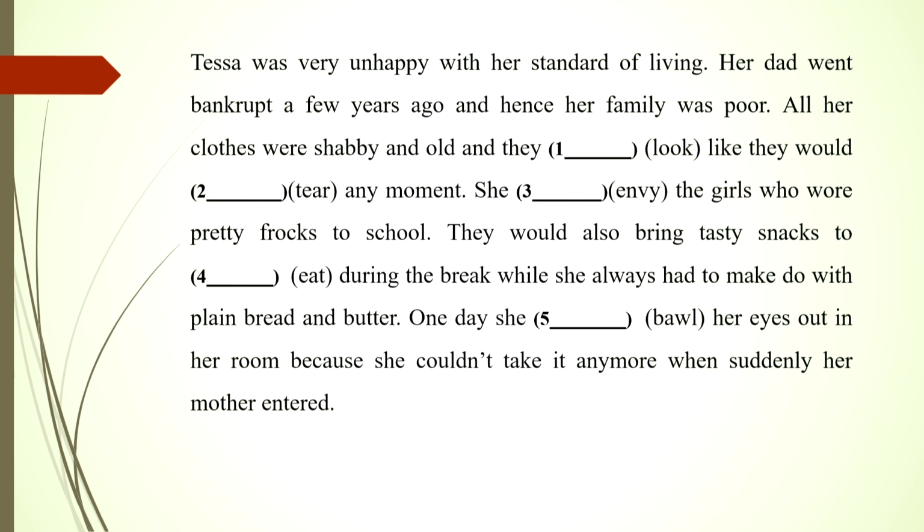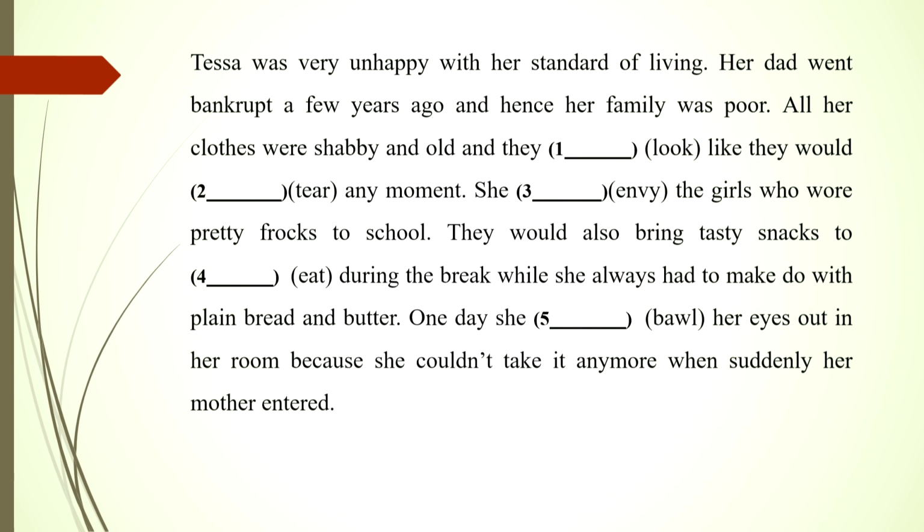So, is it done? Let's discuss. Let me first read out the passage. Tessa was very unhappy with her standard of living. Her dad went bankrupt a few years ago and hence her family was poor. All her clothes were shabby and old and they (look) like they would again (tear) any moment.